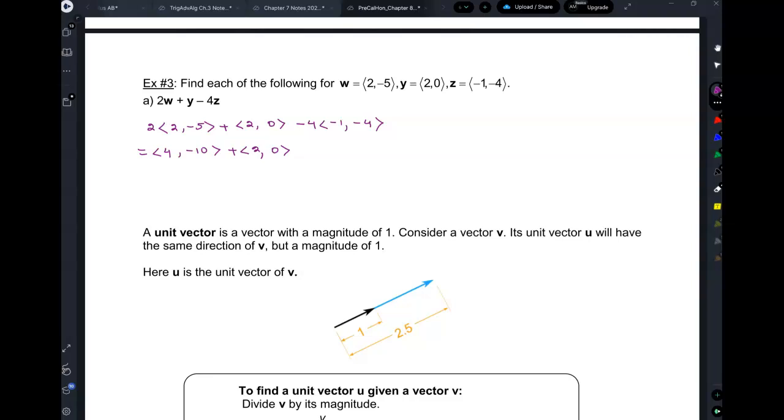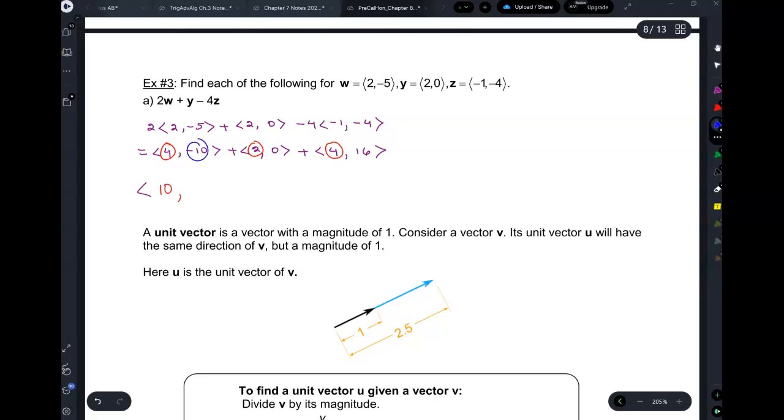And then here it's your choice: you can distribute just the 4 or the negative 4. If you distribute the negative 4, then it'll be plus 4 comma 16. Everybody with me? Now we literally just add the x components, 10, and then we add the y components, 6, and that's the sum. I know. Isn't that cute?